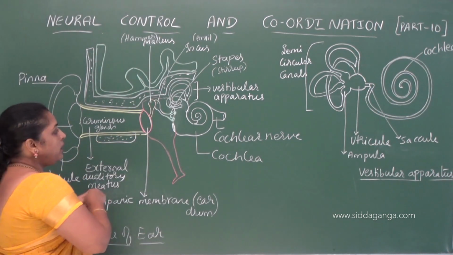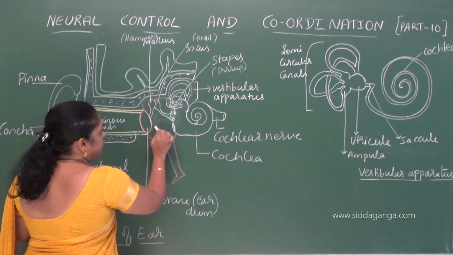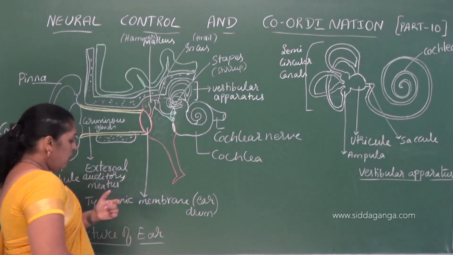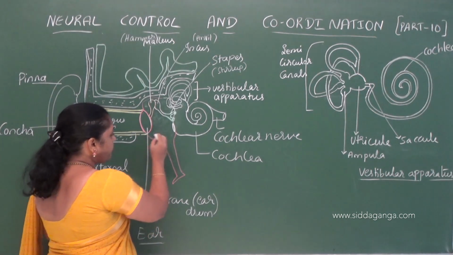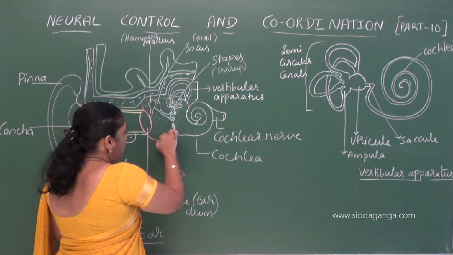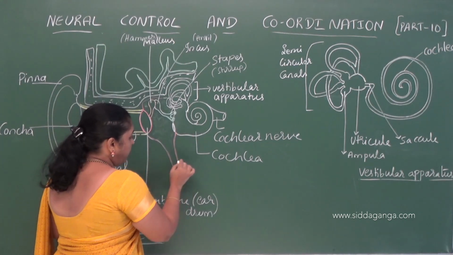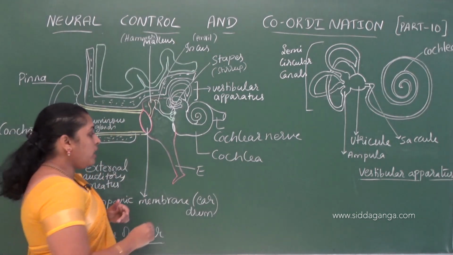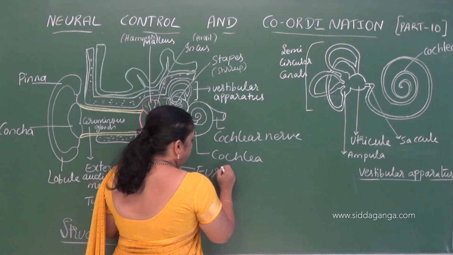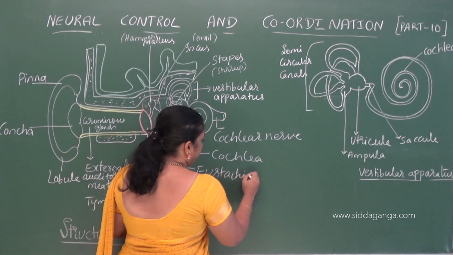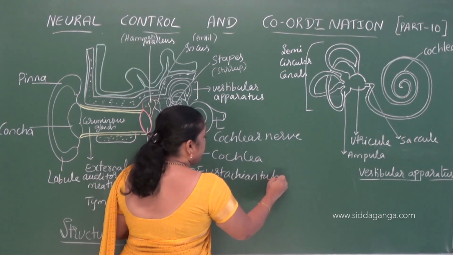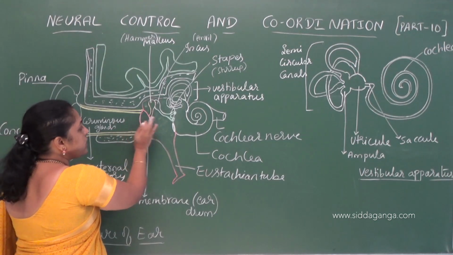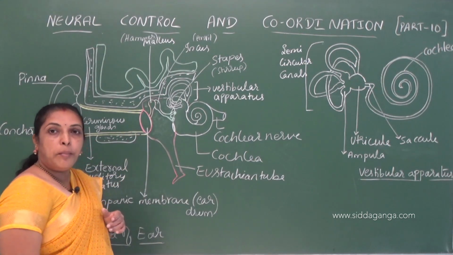The middle ear is filled with air. This cavity which is filled with air is in contact with the pharynx through a tube called the eustachian tube, that helps to balance the pressure on either side of the tympanic membrane.